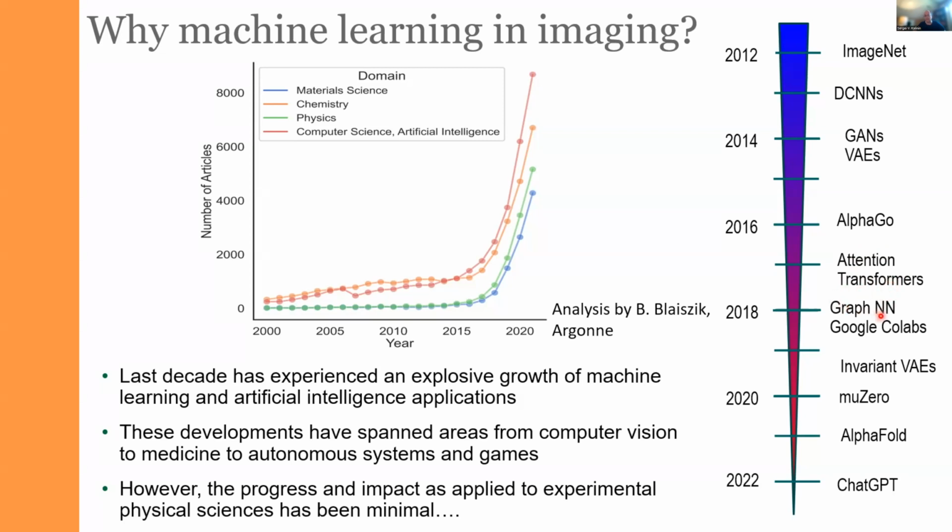In 2018, graph neural networks started to become big. There was also one small development, which, as far as I understand, was originally an experiment from Google: the development of Google Colab. This technology, which is exceptionally convenient to use, is actually very, very recent.